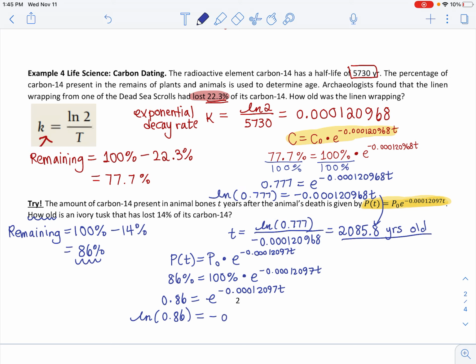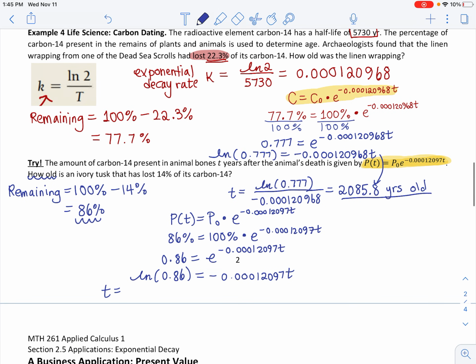Take the natural log of both sides. The right side simplifies and becomes just that long decimal times t. That means t, how old is this ivory tusk? It is as old as natural log of 0.86 divided by negative of that decimal.